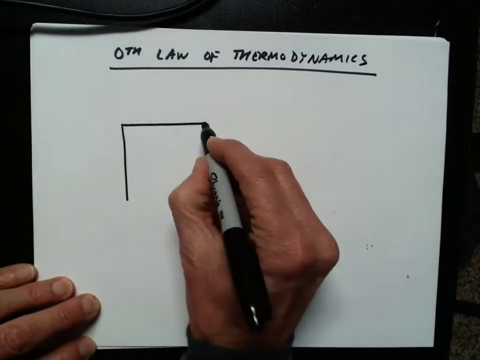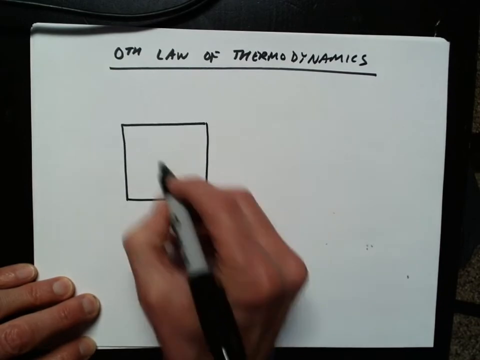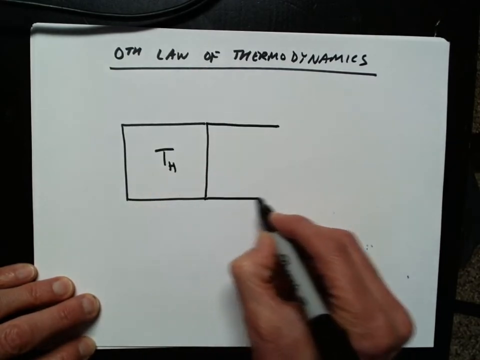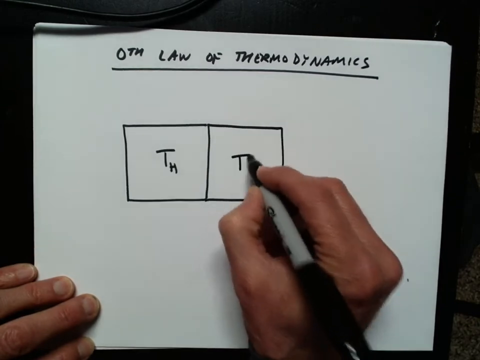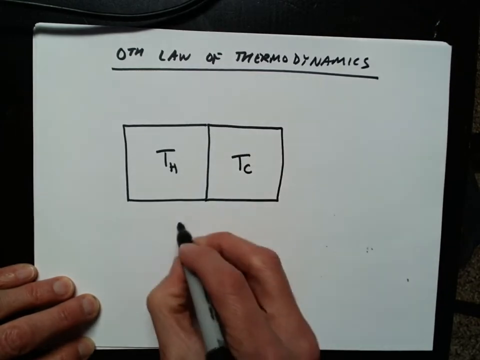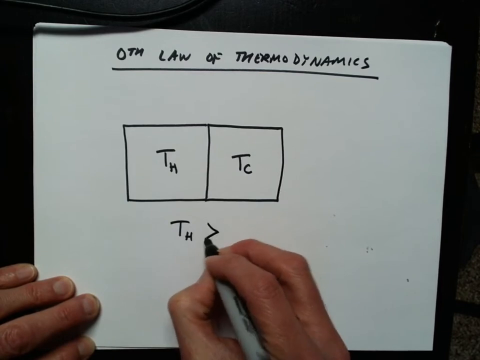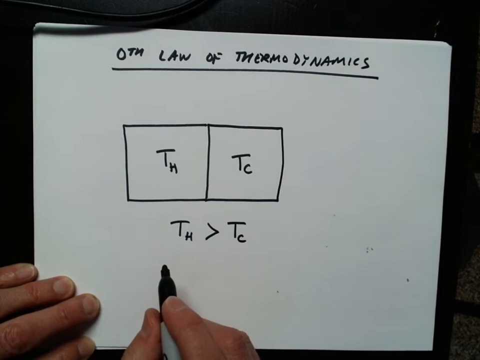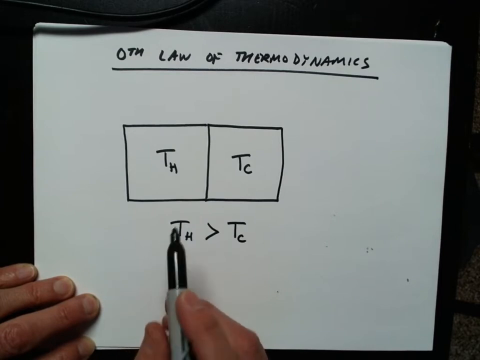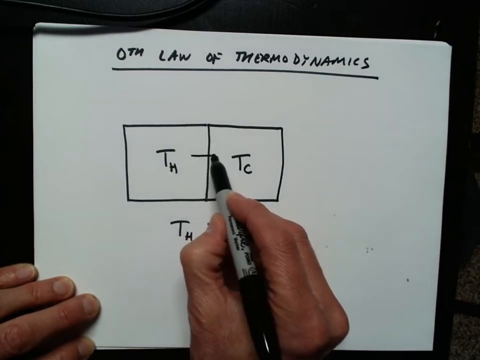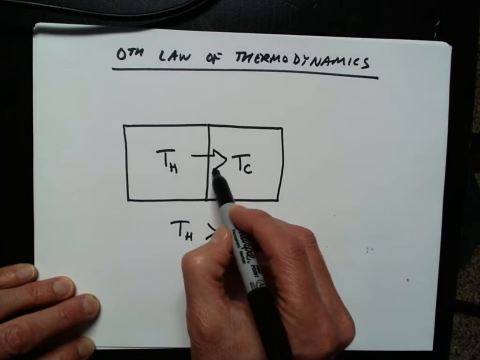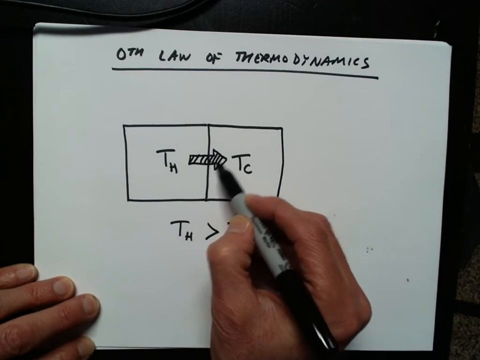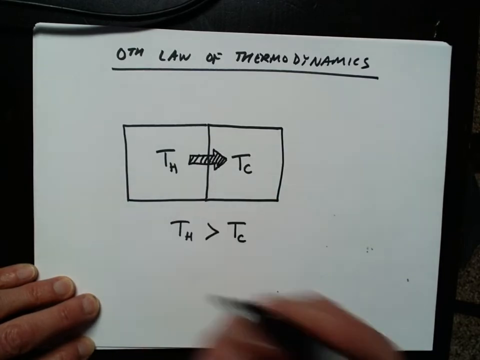It's a pretty simple idea. Let's say I have 2 objects at different temperatures. We'll call this one over here T hot because the temperature is hot, and we're going to call this object over here T cold, because the temperature of this one's colder. So we know that T hot is greater than T cold. The 0th law simply says that energy is going to flow from an object at higher temperature to an object at lower temperature, if they're in thermal contact with one another, until the temperatures are equal.